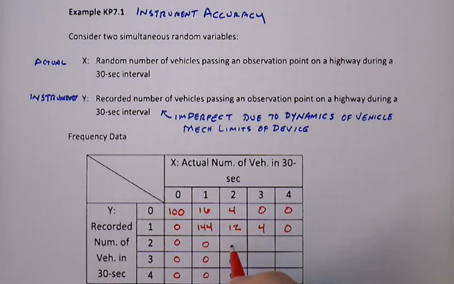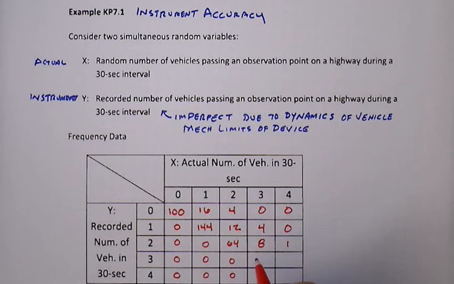Next one, where we have 2 vehicles and 2 recorded, happened 64 times, and then an error of 1 here 8 times, so actual 3 but recorded 2, and we had once again an instance where we had 2 errors associated, so 4 actual, 2 recorded.